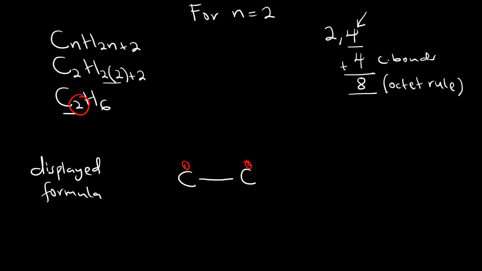So these 6 hydrogen atoms will be distributed equally, so that each carbon atom can have 3 hydrogen atoms attached to it, so that each of them in the end has 4 covalent bonds, or 4 single covalent bonds.